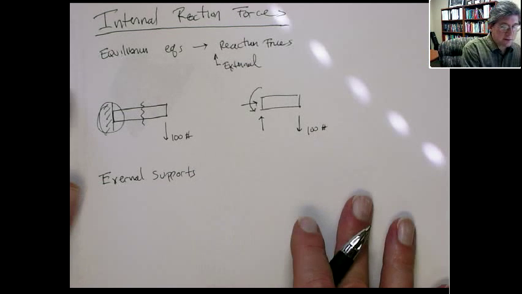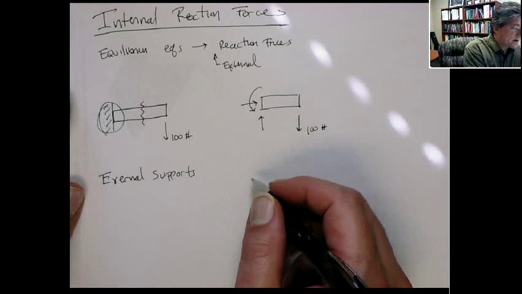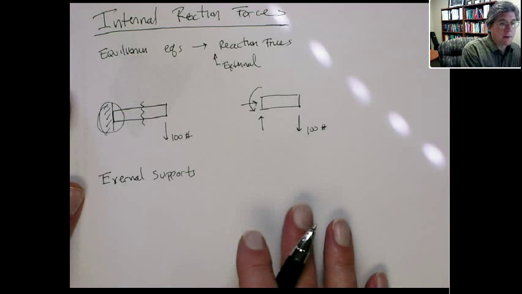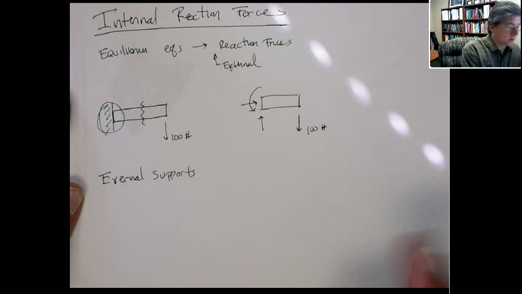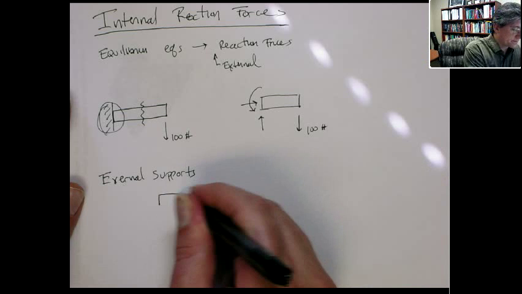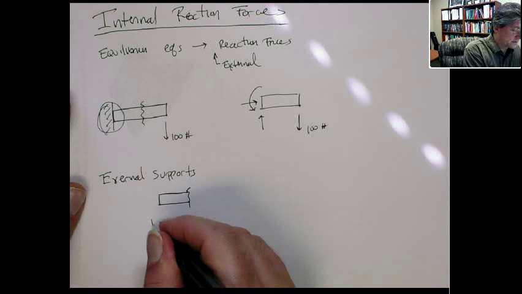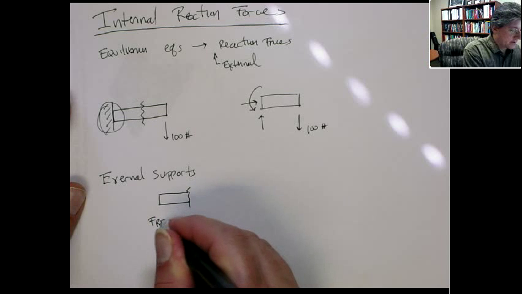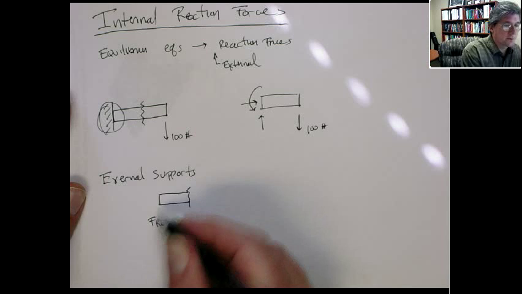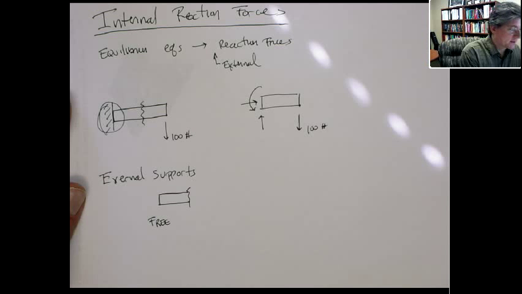So in this class, we pretty much have the following types of supports going from lesser to greater. The first type is a free end. This really isn't a support. There's no reaction forces there.